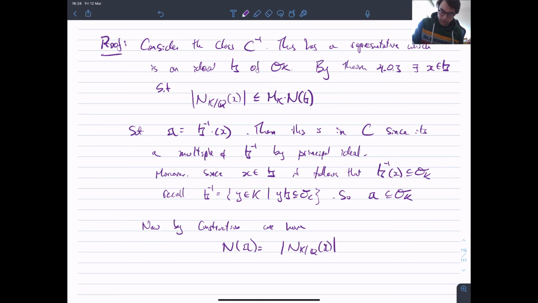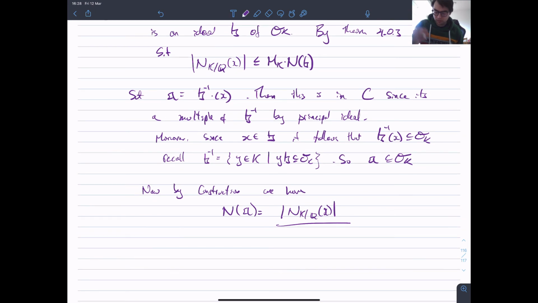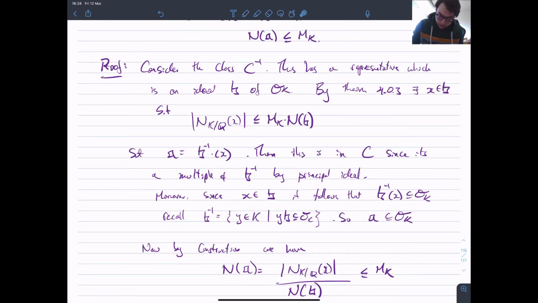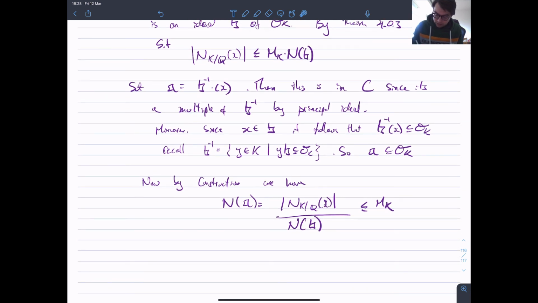This is the norm of this ideal, which is the same thing as the absolute value of the norm of the element, and the norm of B inverse. You can convince yourself that this extends to fractional ideals. We have this equality, which by construction is less than mk, because this norm divided by the norm of B is less than mk, and this is the ideal A. So this gives a result.